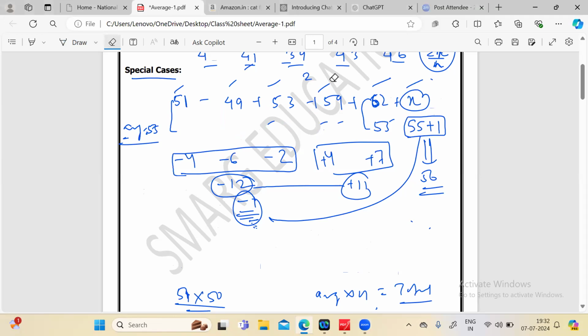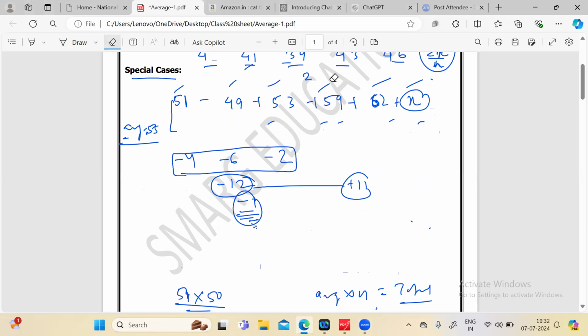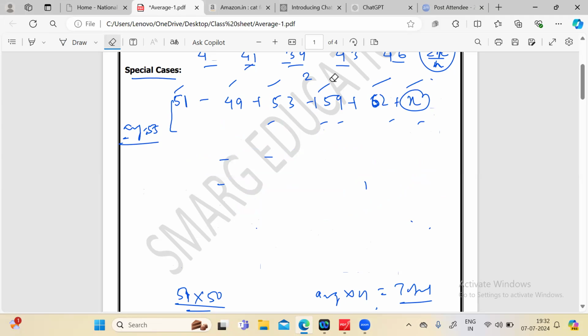Okay, now let's take the same question, I'll change the average and redo it. What if the same question is asked as: find the missing number X if the average of all these 6 numbers is 53.